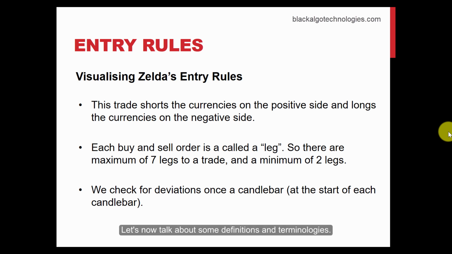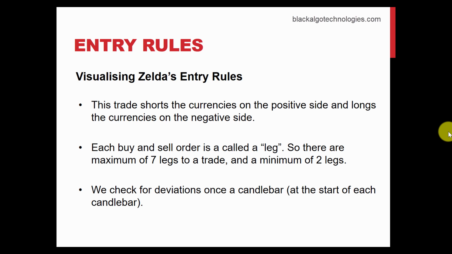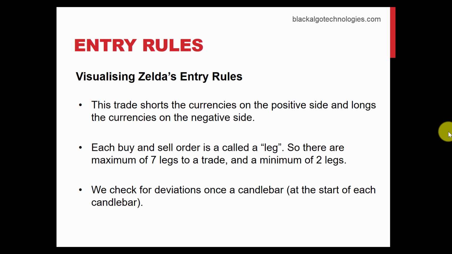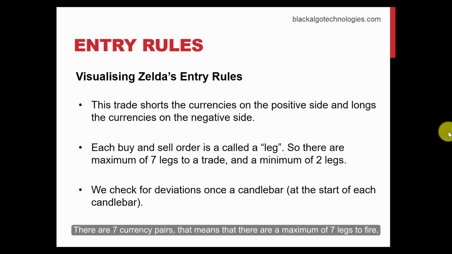So let's talk about some definitions and terminologies. Whenever there is deviations and we fire a trade, we don't mean that every currency is a trade. We think of this whole system as one trade, and every buy and sell order is a leg. So there are 7 currency pairs.